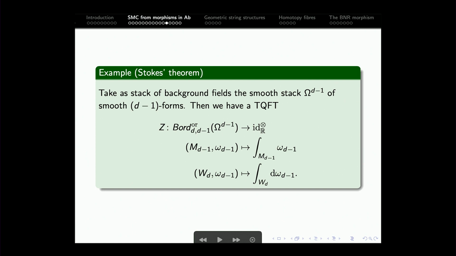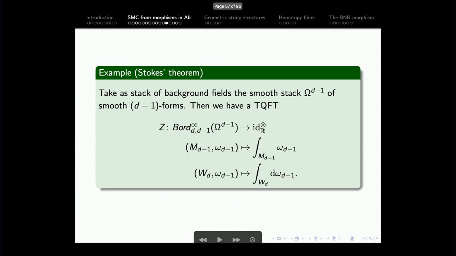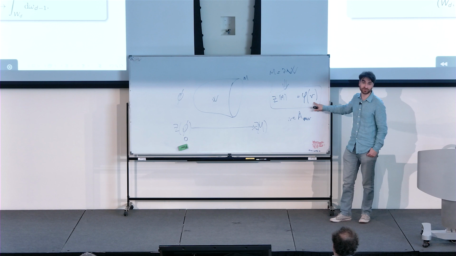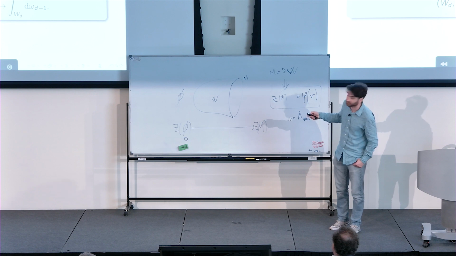And Stokes' theorem tells us that if I have my manifold M, which is the boundary of W, then this formula is precisely the fact that the integral over M of something is just the integral over W of the differential of that form. So here the morphism is just the identity of R.